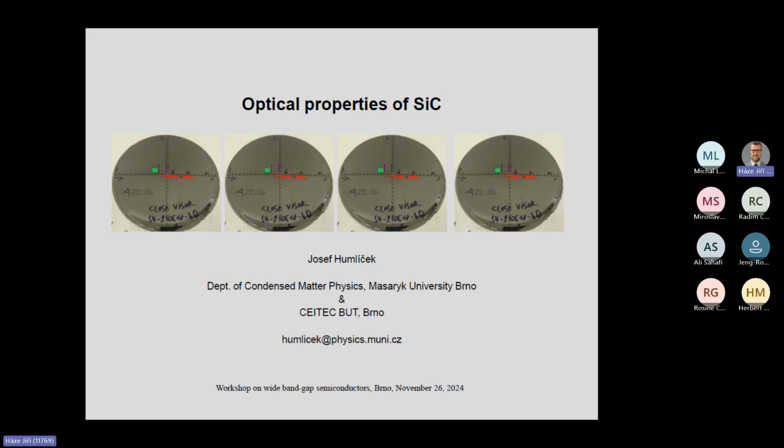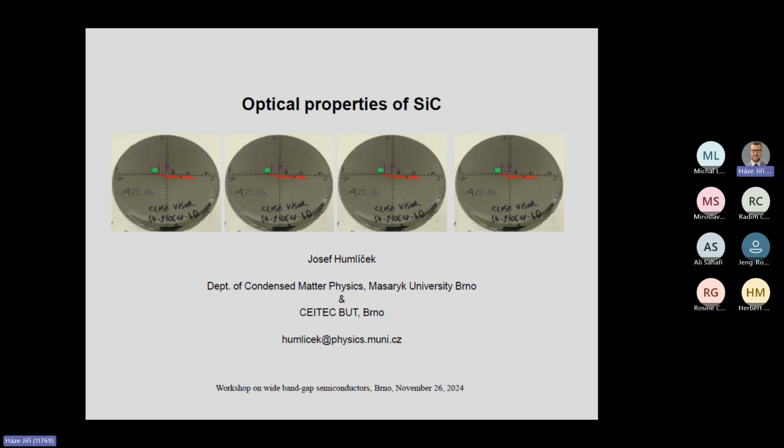Professor Humlíček is a professor at the Department of Condensed Matter Physics at the Faculty of Science, Masaryk University. He gave a lot of lectures at many universities related to wide band gap semiconductors, and I'm very happy he's here to give his talk on this topic. So, Professor Humlíček.